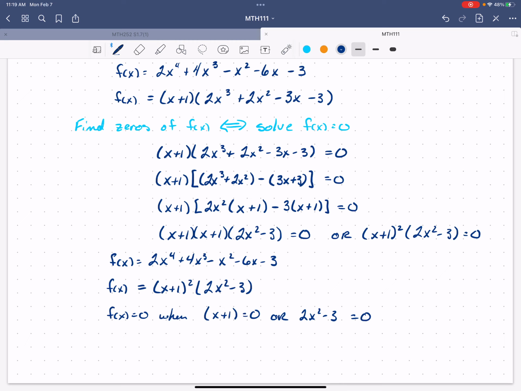Which means when x equals negative 1, or when x squared equals 3/2. So that would be the positive or negative square root of 3/2. These are my zeros.